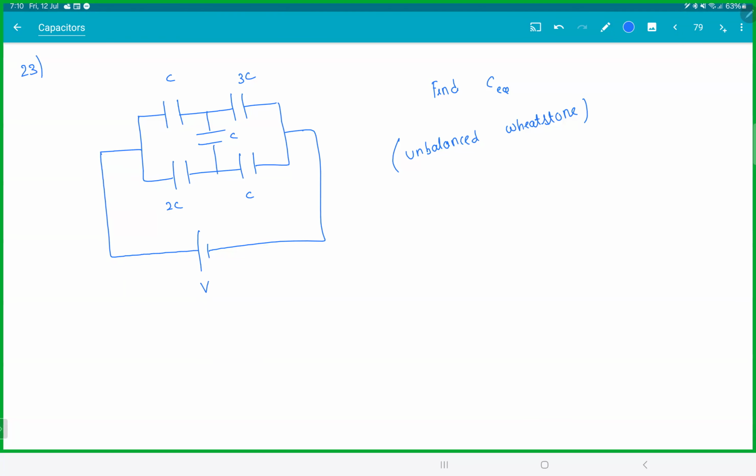This is the reason, Aryan. C by 2C is not 2C by C. Balance नहीं हो रहा है. Same logic.